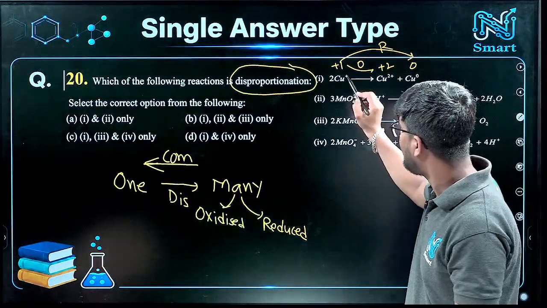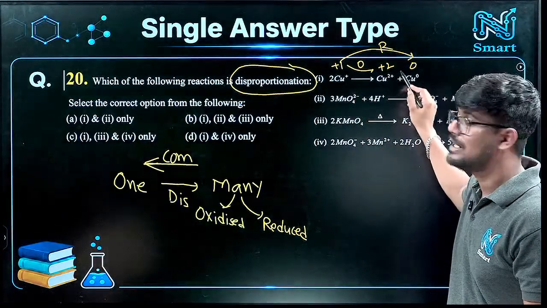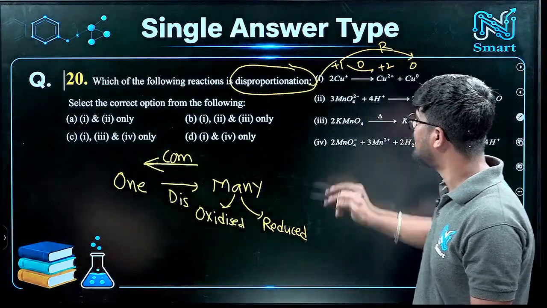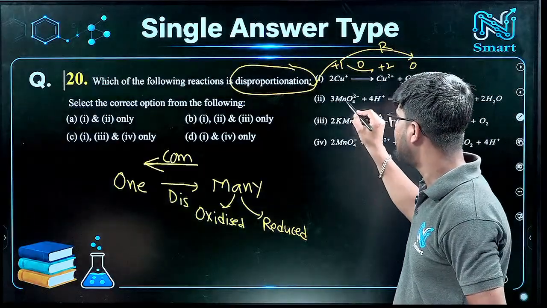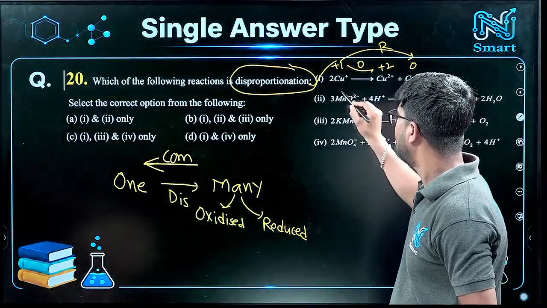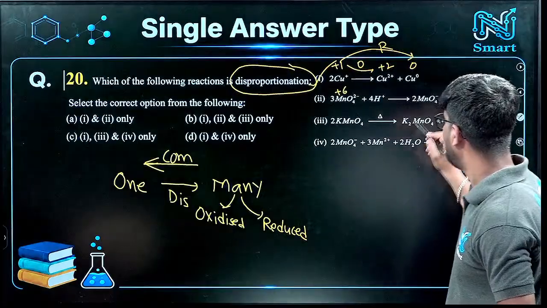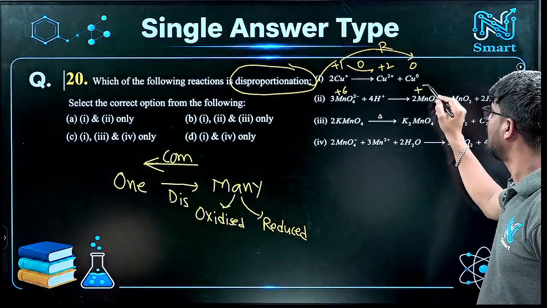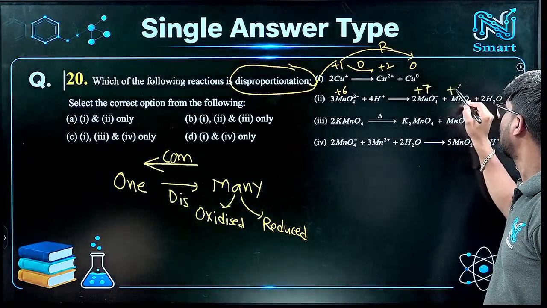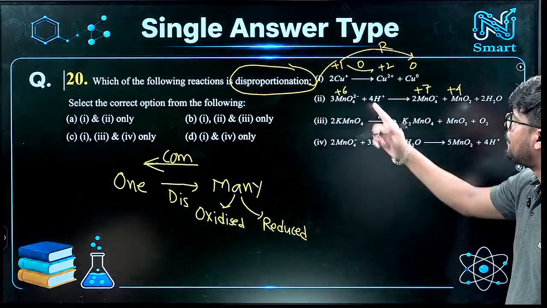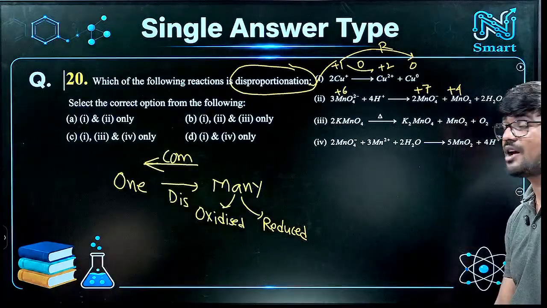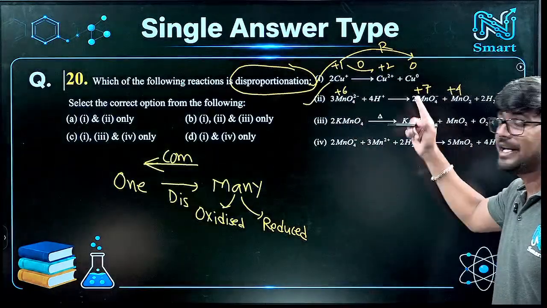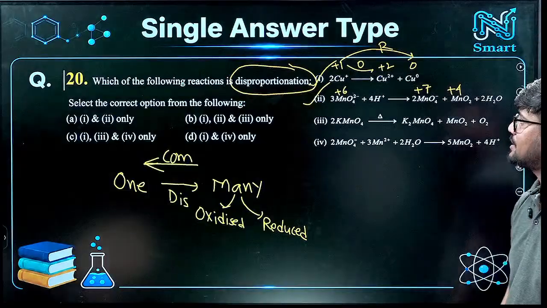So from one oxidation state we are getting many, meaning more than one, so it is a disproportionation reaction. Next, in this case manganese, what is the oxidation state? +6, and here it is +7 and here it is +4, correct? So from +6 to +7 it is oxidation, and +6 to +4 it is reduction. Yes, one to many, again it is a disproportionation reaction.